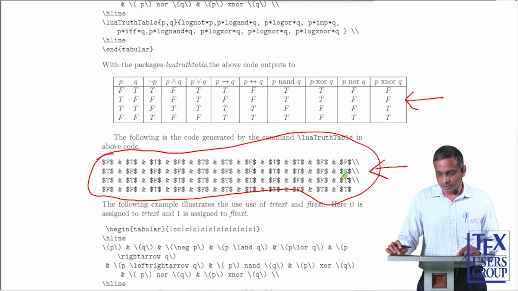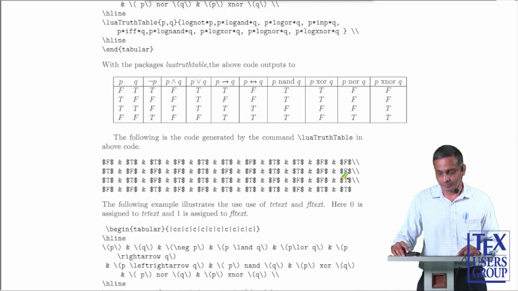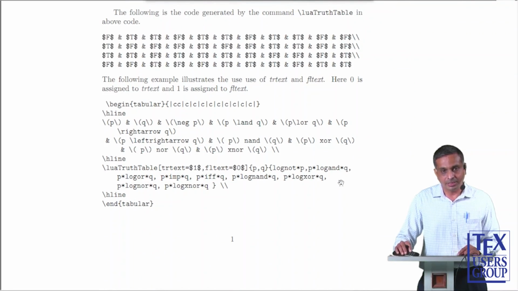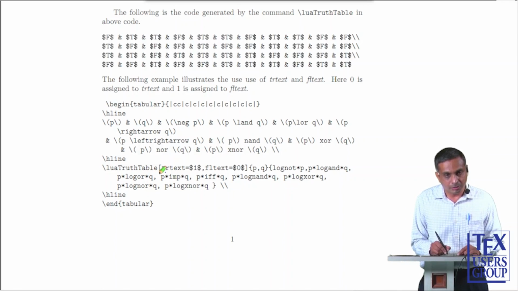To explore some more commands, let us see the use of optional arguments in this command. We can assign optional arguments for the luatruthtable command. TR text is assigned value 1 here and FL text is assigned value 0 here.